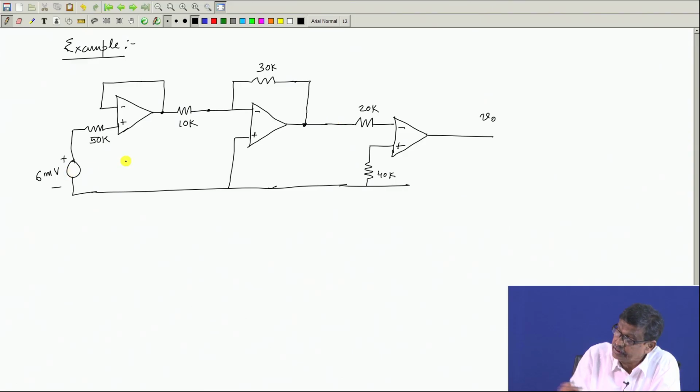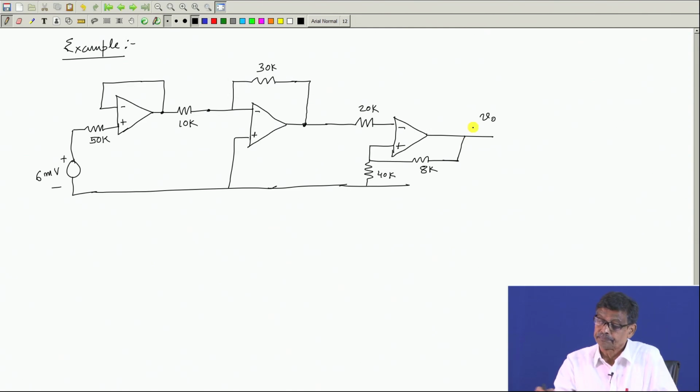This is the input signal, output voltage, and this one is connected here by 8K impedance. Hopefully, I have drawn the circuit correctly.